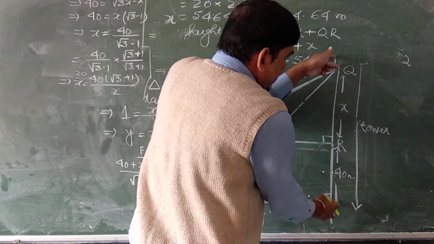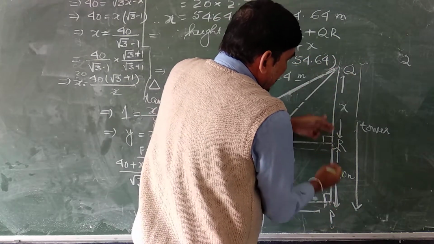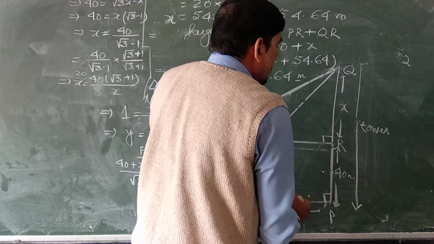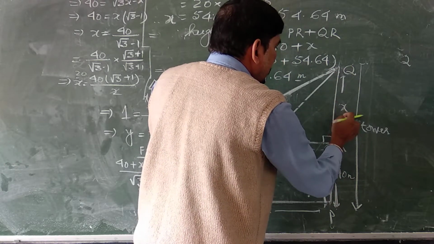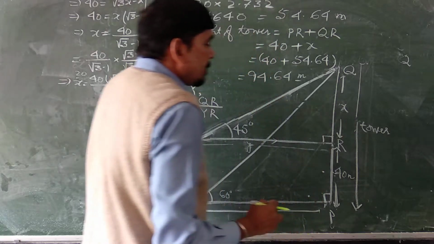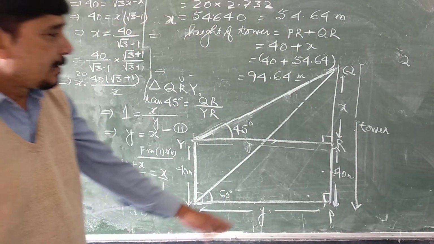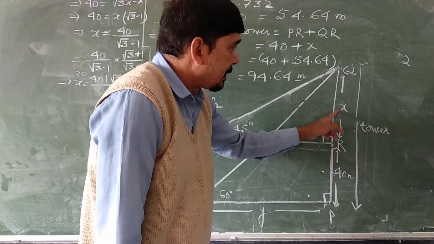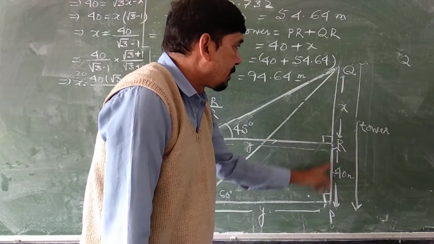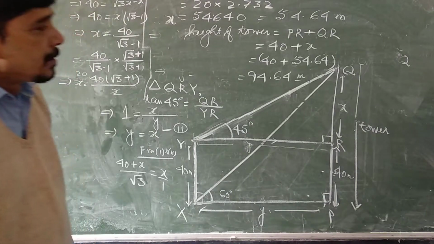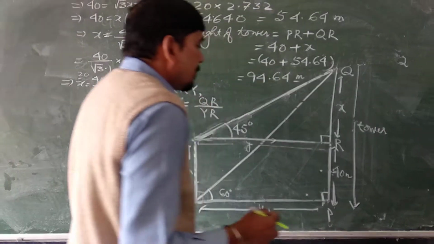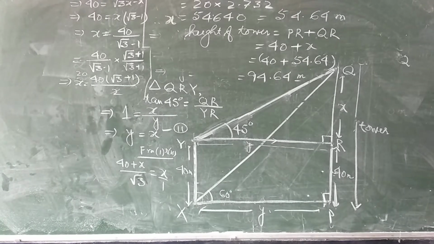Then the total height of the tower is PR plus RQ, that is x plus 40. So if x is found, then you can find the height of the tower, 40 plus the value of x. Therefore the height of the tower will be found out. Okay?